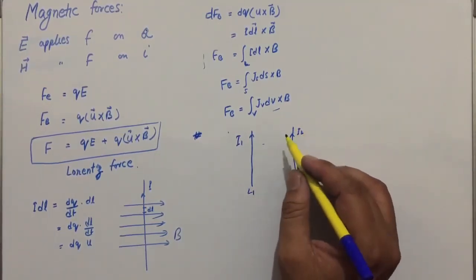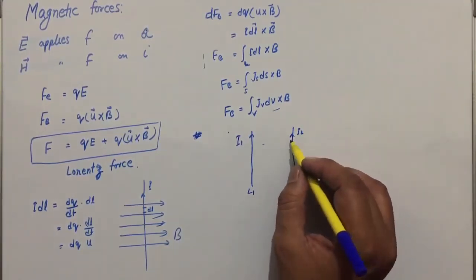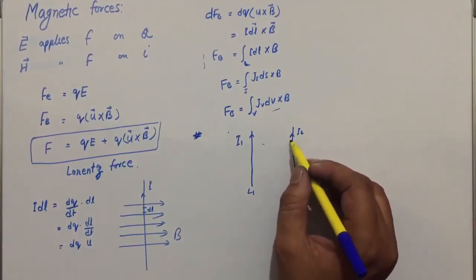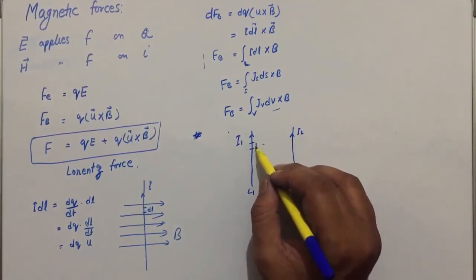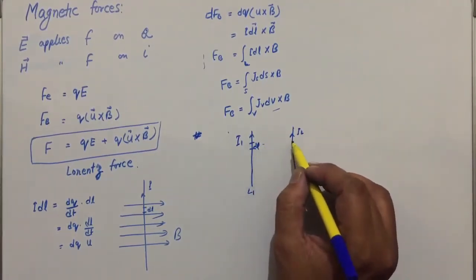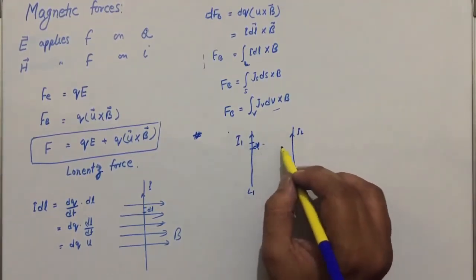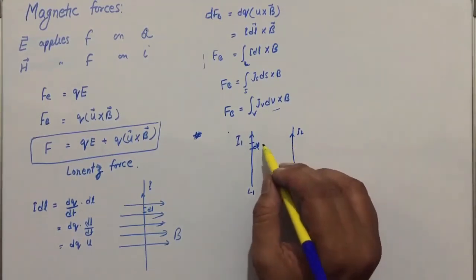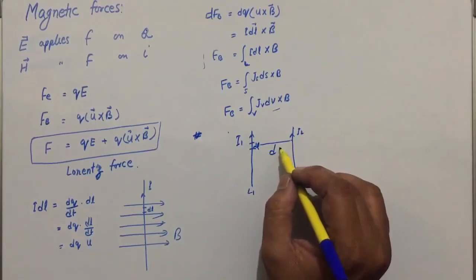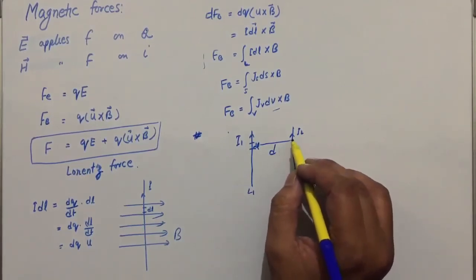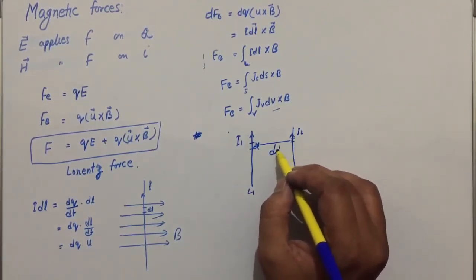So in both ways we can write, consider the first case, the force that will be experienced at dl1 from this small portion, say dF.